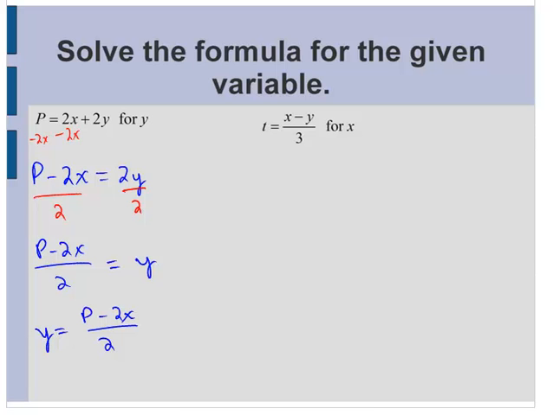We could, if we wanted to, split this up into multiple terms. So we would have P over 2 minus 2x over 2. Now when we have that 2x over 2, we see those common factors that can be removed. And so we could write this as P over 2 minus x.